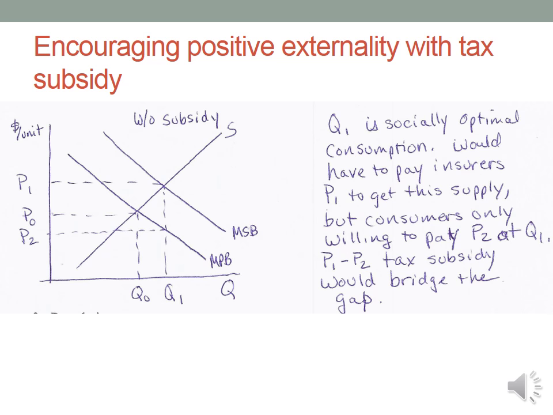So what we need to do is subsidize that price P1. The difference between P1 and P2 has to become a subsidy so that the seller gets all of P1, but the buyer doesn't have to pay more than P2. If you get that done, then you will move consumption up to Q1. And so we subsidize the price, and the subsidy should be the difference between P1 and P2.